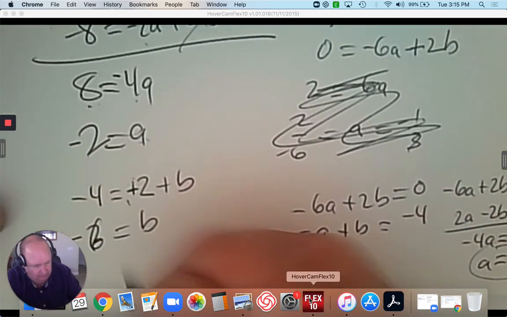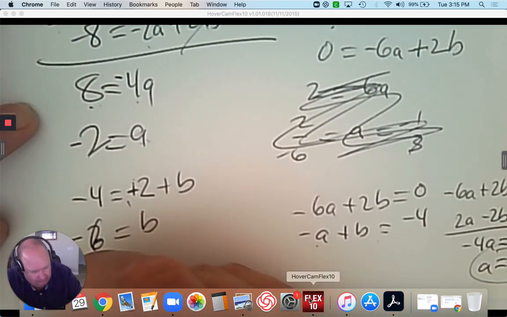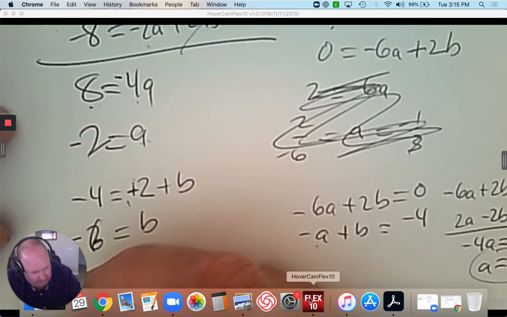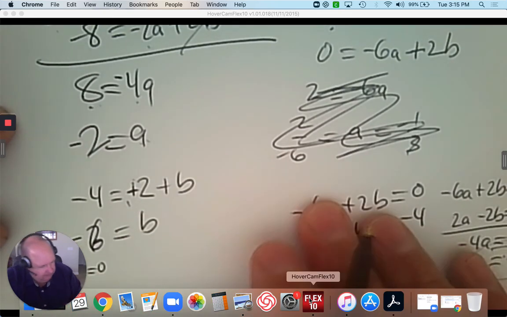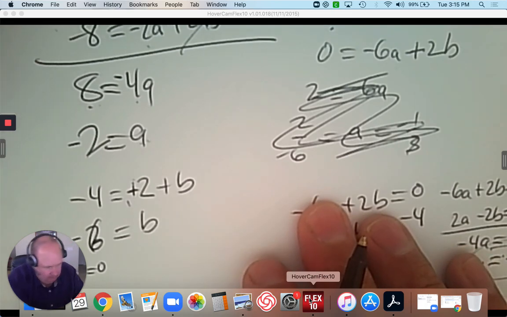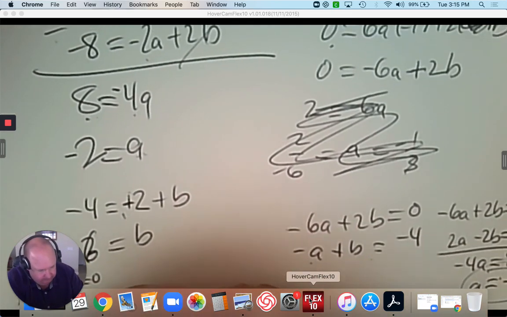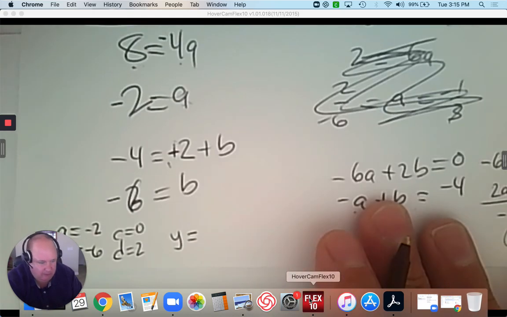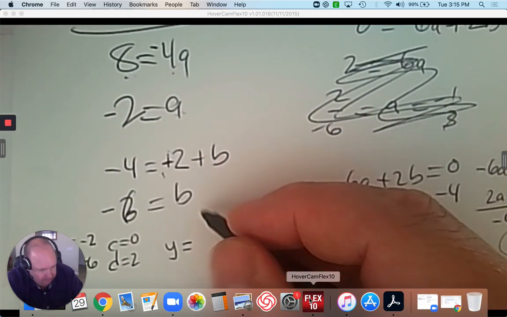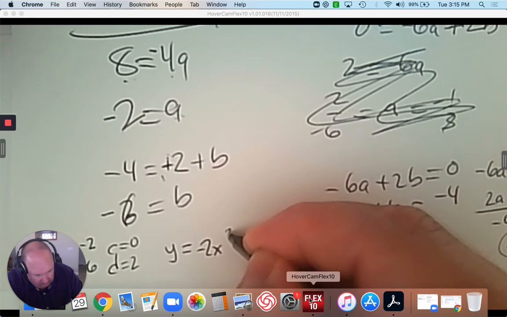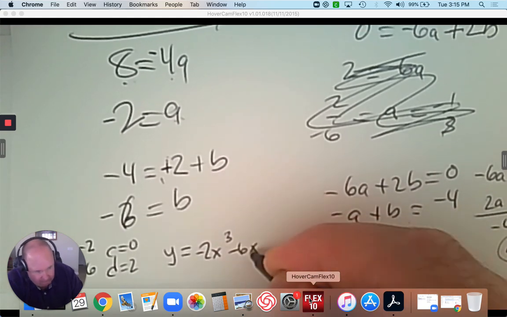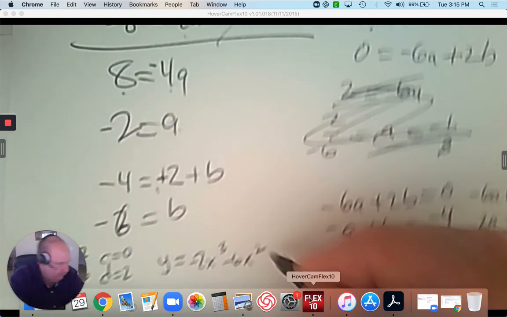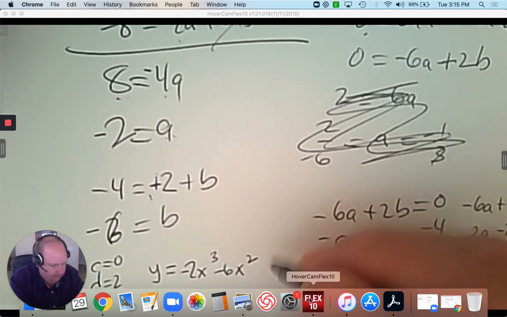I'm just going to put it all together now. So a is negative 2, b is negative 6, c is 0, and d, we said, was 2. So the equation then would be, because that's the whole idea, put it all into the equation: negative 2x cubed minus 6x squared, 0x, and then plus 2.